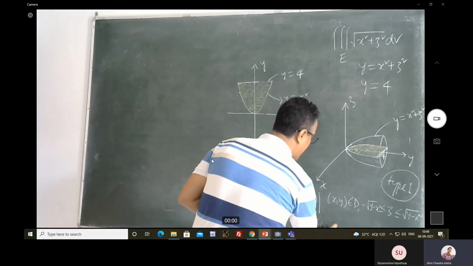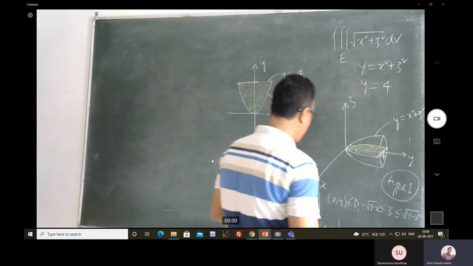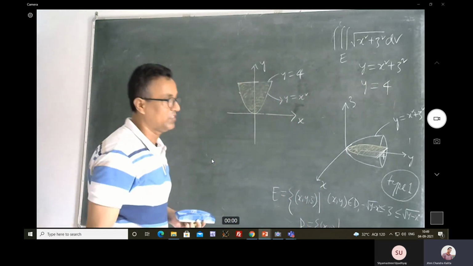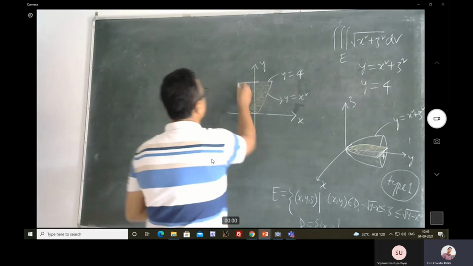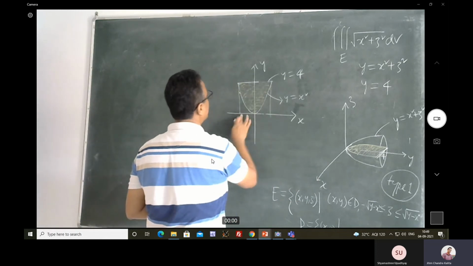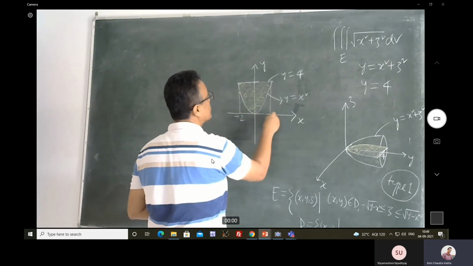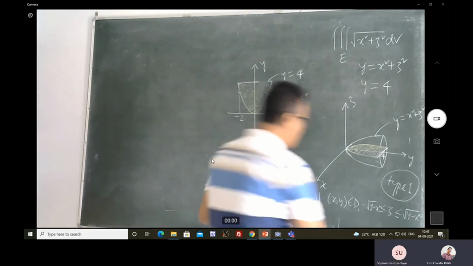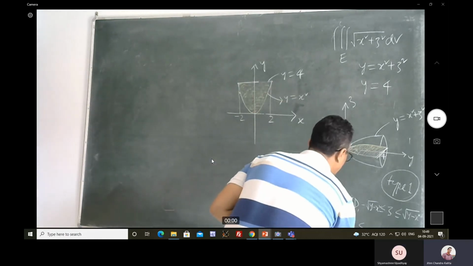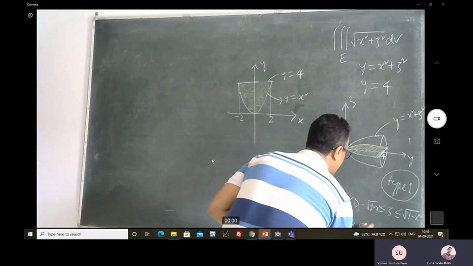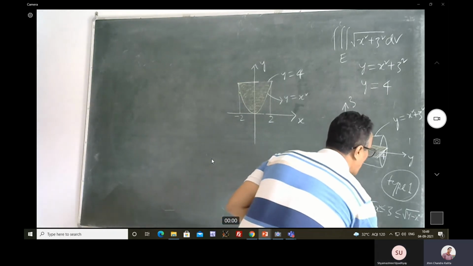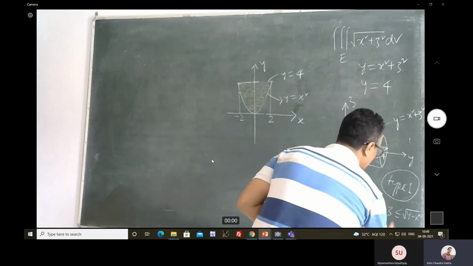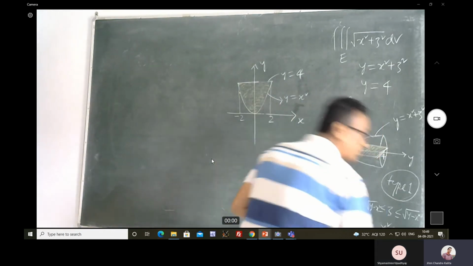And then what is this D? If I consider it as a type 1 region again, then my range of x would have been from -2 to 2, and y would have been from the lower surface x squared to 4.